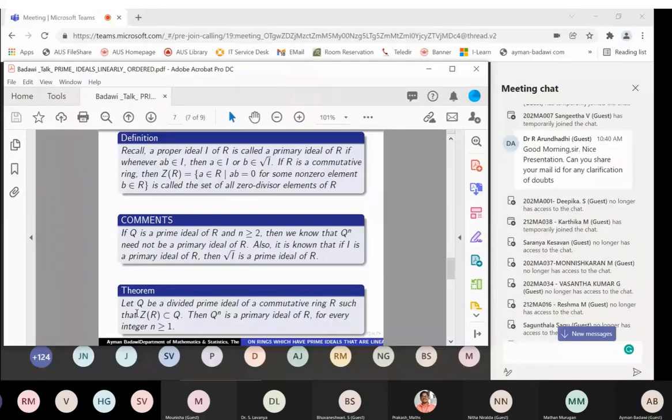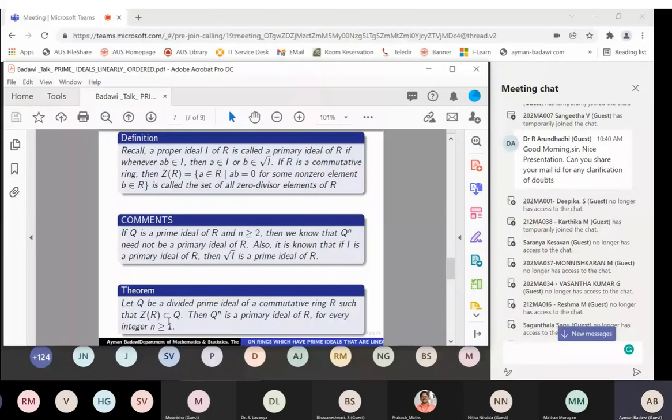Okay, the question here, you see what I'm using here? I'm using proper. I'm not saying the zero divisors are a subset or equal to Q. In fact, I constructed an example where this condition, what condition?